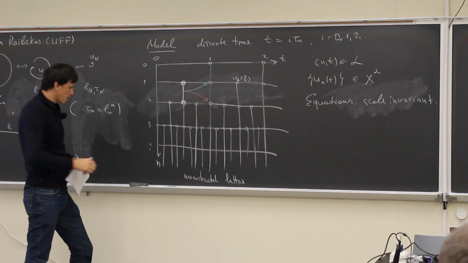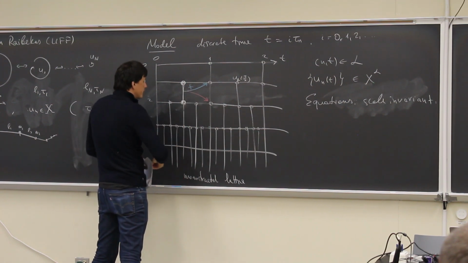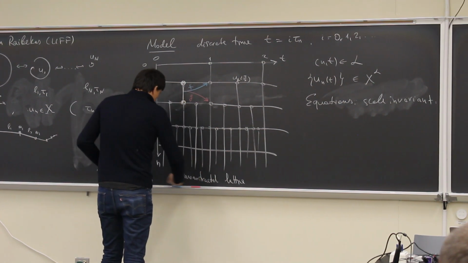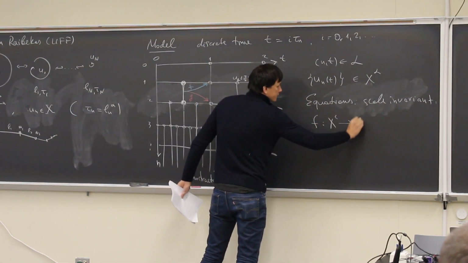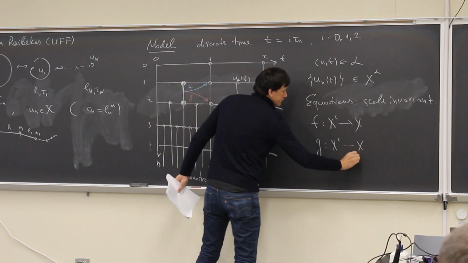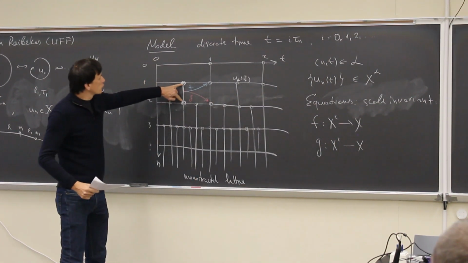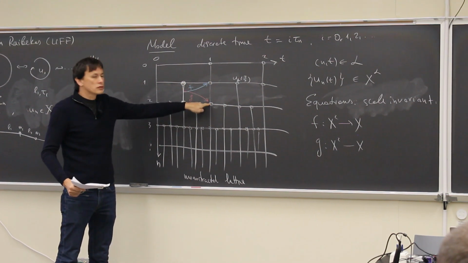Rectangle, yes. So there are two functions, f and j. There is a function f from x squared to x, and there is a function j from x squared to x. So whenever you have two values here, it gives you the value right there, and another function gives you the value here.